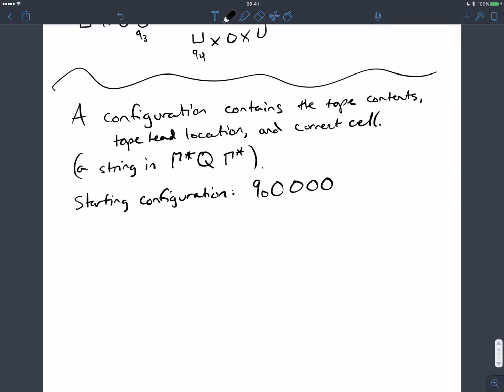All it means is that we are in Q0 right now, and we're looking at the cell directly to the right of the name of the state. In this case, I'm looking at that first 0 in state Q0. And the rest of the non-blank portion of the tape is 0, 0, 0, 0 currently.